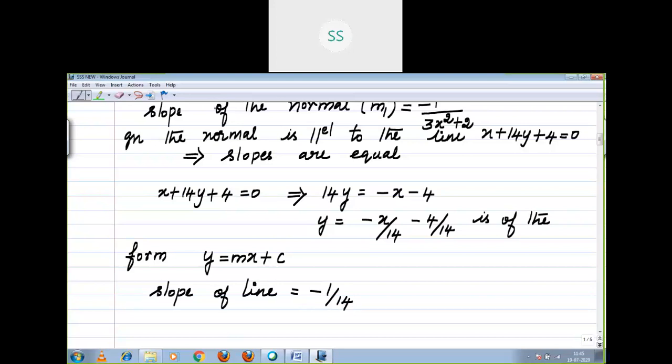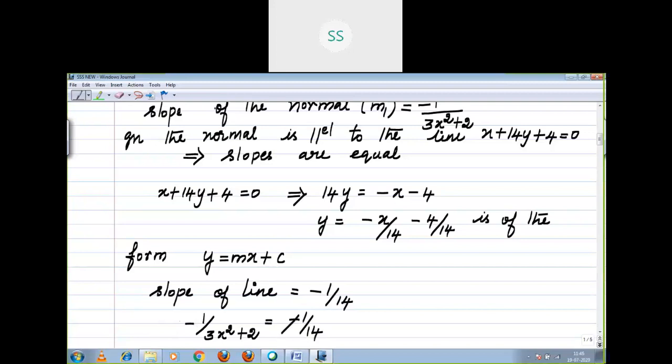Already we got the slope of the normal. We said slopes are equal, so you are going to equate, right? Slope of the normal is minus 1 by 3x square plus 2. Slope of the line is minus 1 by 14.